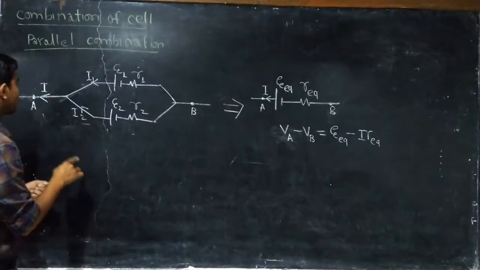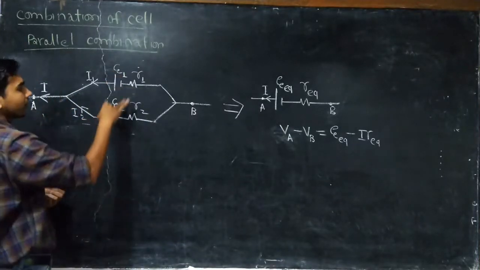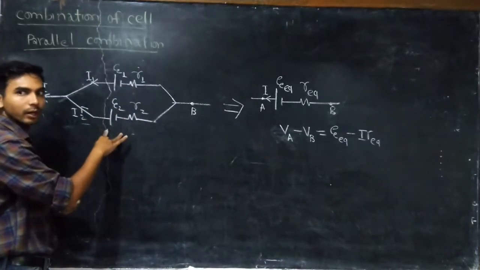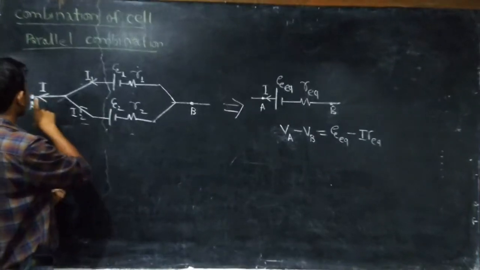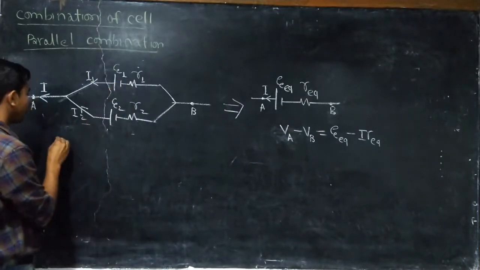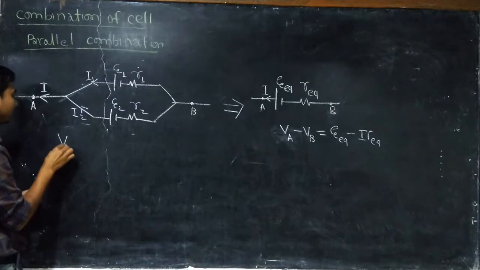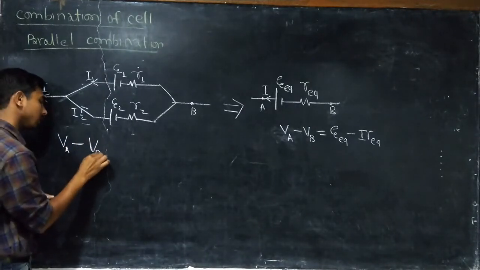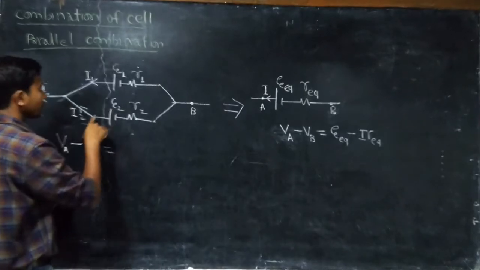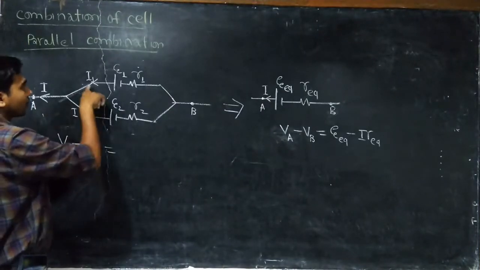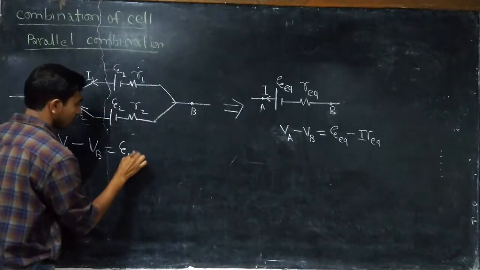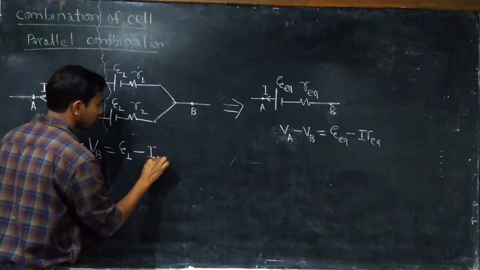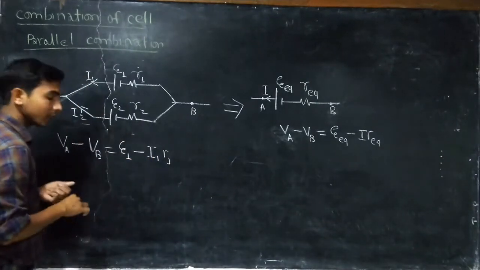And what about these cells? See, these two cells are connected in parallel, right? So potential across both cells will be the same, and that we can write like this: VA minus VB is equal to E1 minus I1 R1, right?